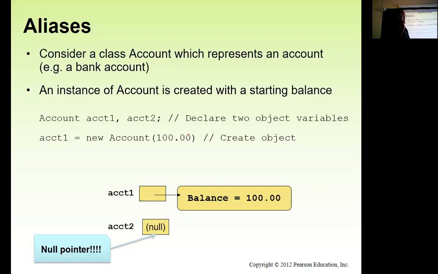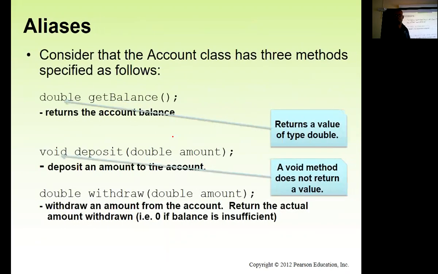We created the object that is being referenced by acct1 when we said let it point to a new Account, right? That we create here, that's initialized. Yes? So acct2 has no object that it is pointing to.